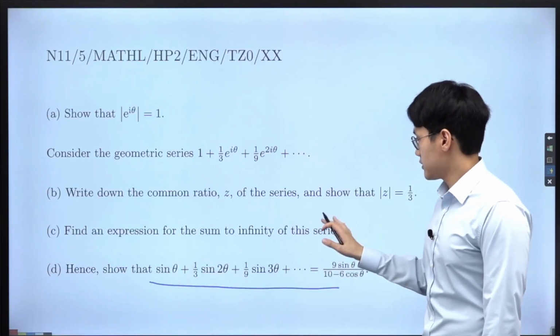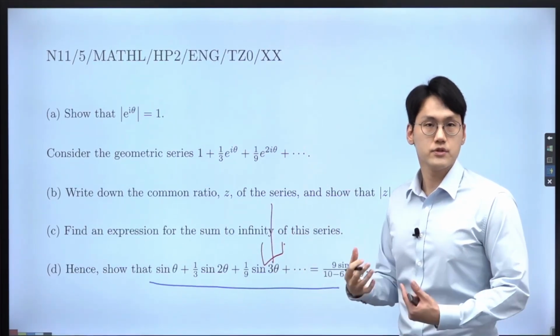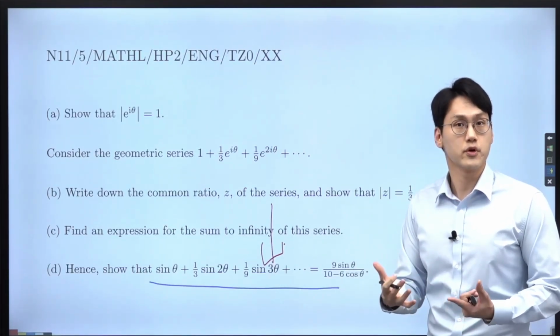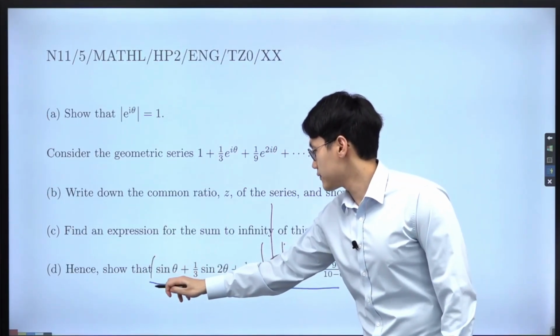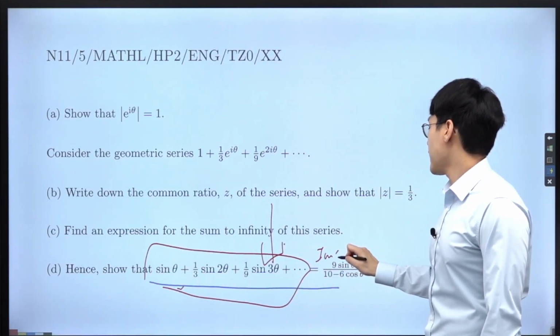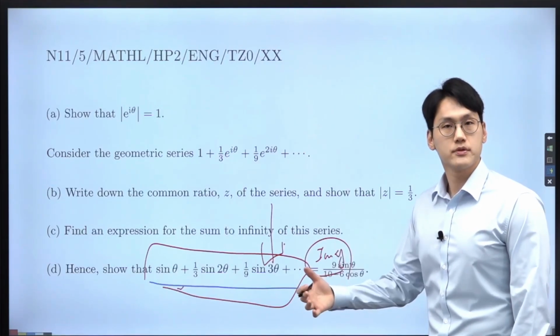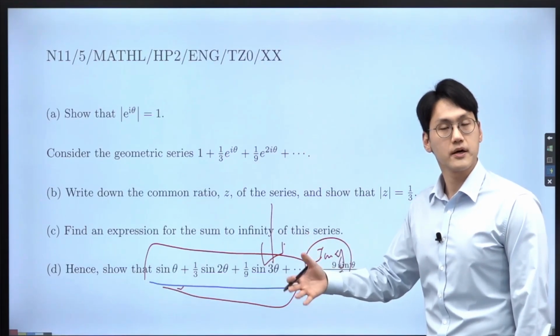And every time you're jumping from the complex number to either sine or cosine, it's really just about the imaginary part or real part. In this case, we're dealing with a sum of sine, so of course it's going to be something to do with the imaginary part. So we're going to find the infinite sum here, and then take out only the imaginary part and find the sum.